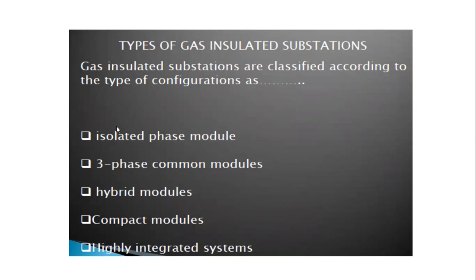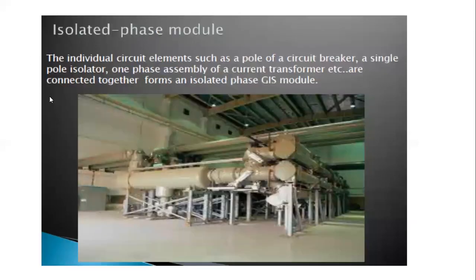The isolated phase and three phase common modules combined together are called hybrid modules. In hybrid modules we use both the isolated phase module and the three phase module. In three phase modules we use a combination of all the phases. These are the various types of gas insulated substations.